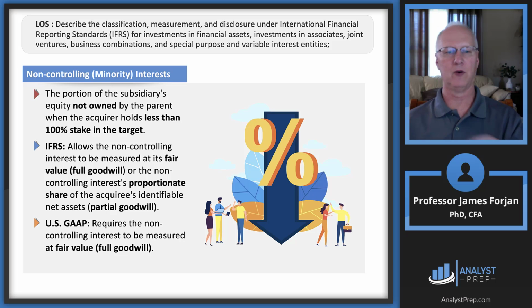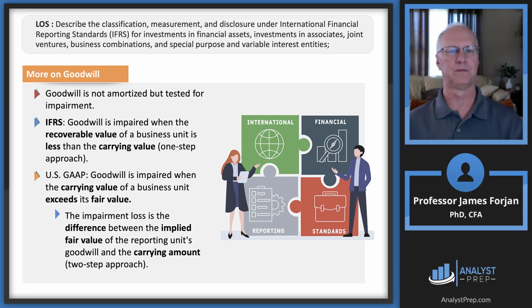So full goodwill or partial goodwill, but US GAAP is full goodwill. Let's see, I think I've said a bunch of these things about goodwill in the last few slides. Not amortized, but tested for impairment, right? Goodwill is impaired when the recovery value is less than its carrying value, right? That's important. Goodwill is impaired when the carrying value of a business unit exceeds its fair value. So notice those subtle differences between the two.